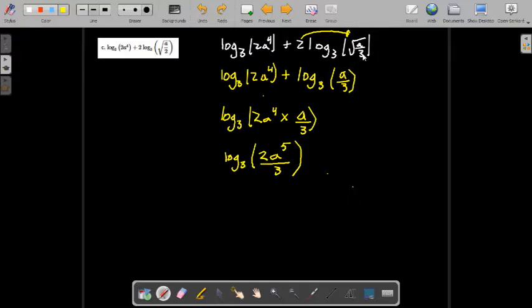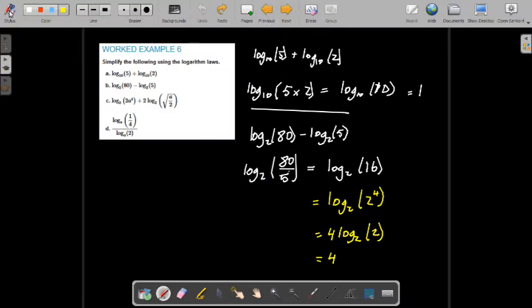Oops, sorry, that should be a 2, which means they cancel out each other. Sorry, I'll just fix that up. And then final step, using our last law, bring the 5 out the front again. 5 log 3 of a. And that's all we can do for that one.